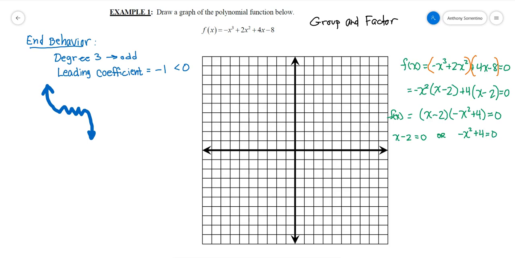The x minus 2 equaling 0 is an easy one to solve. I add 2 to both sides, x is going to equal 2. So x equals 2 is a 0 of this polynomial.